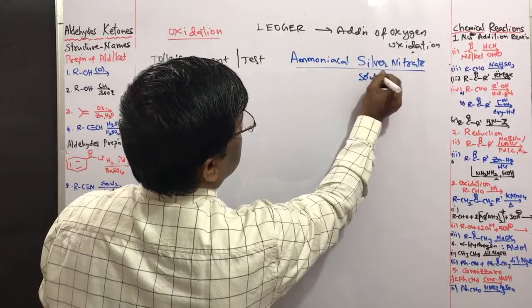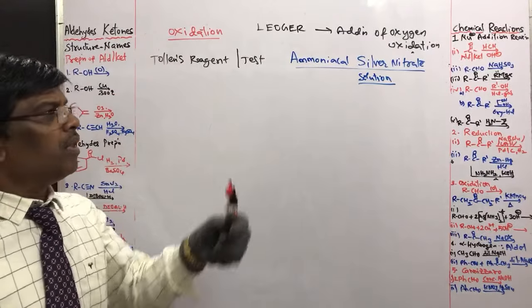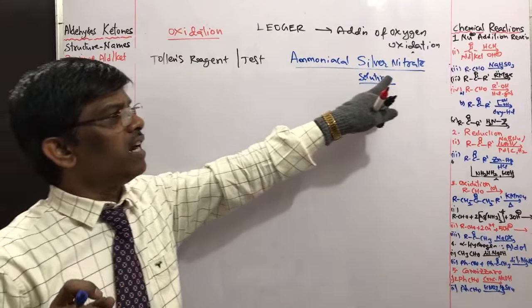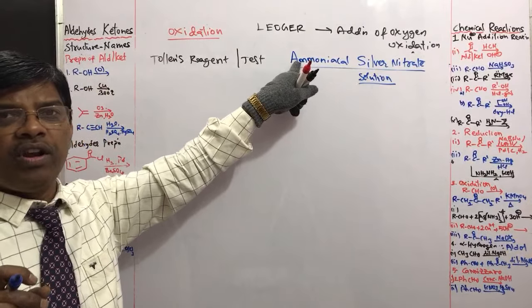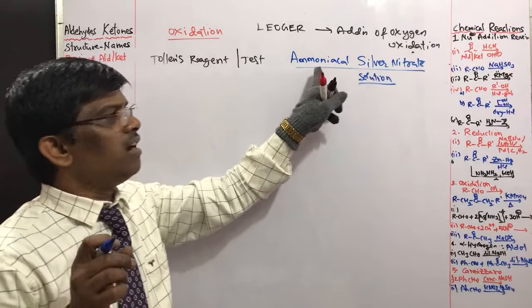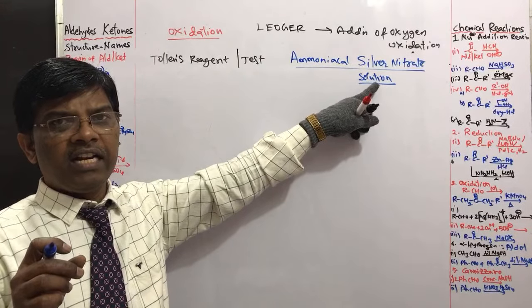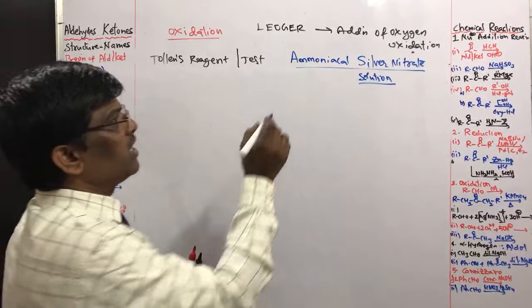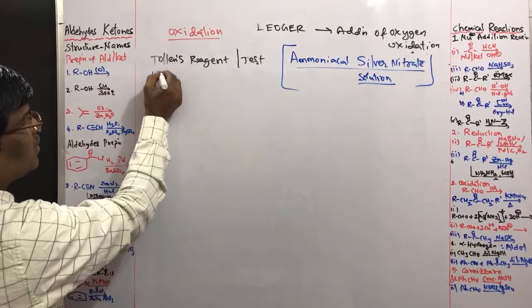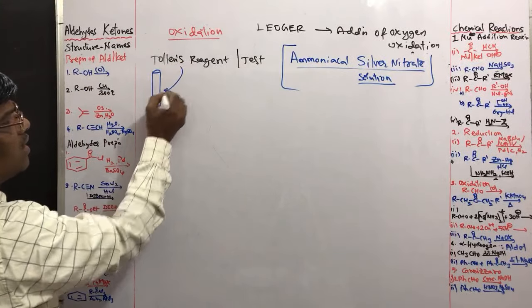Ammoniacal silver nitrate is a solution. So simple, students: take the aldehyde compound in your test tube and prepare a freshly prepared solution of ammoniacal silver nitrate, where you take ammonia and silver nitrate. In the laboratory you will get silver nitrate and ammonia. Mix these two and you will get freshly prepared Tollens reagent. Taken in a test tube, aldehyde.